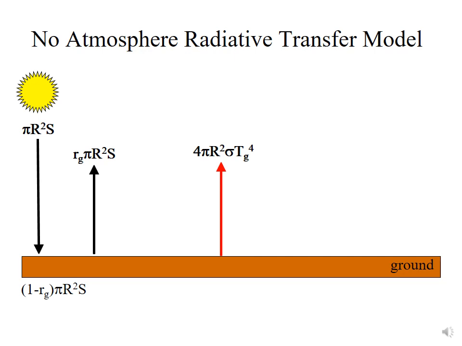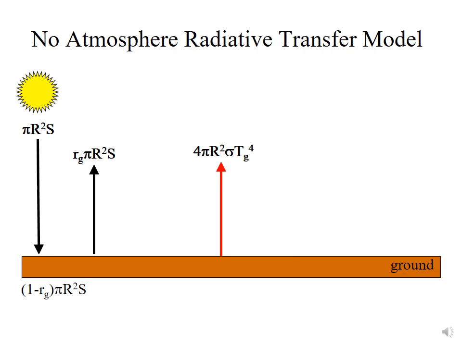And the cross-sectional area of a circle is basically pi r squared, where r is the radius of the Earth. So you multiply pi r squared times the solar constant, and you'll end up with units of watts. So that's joules per second. And that defines the amount of energy that is entering into the system.